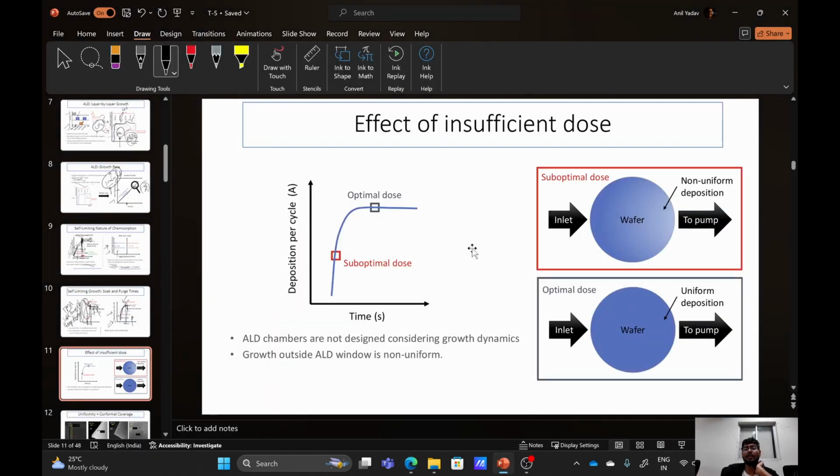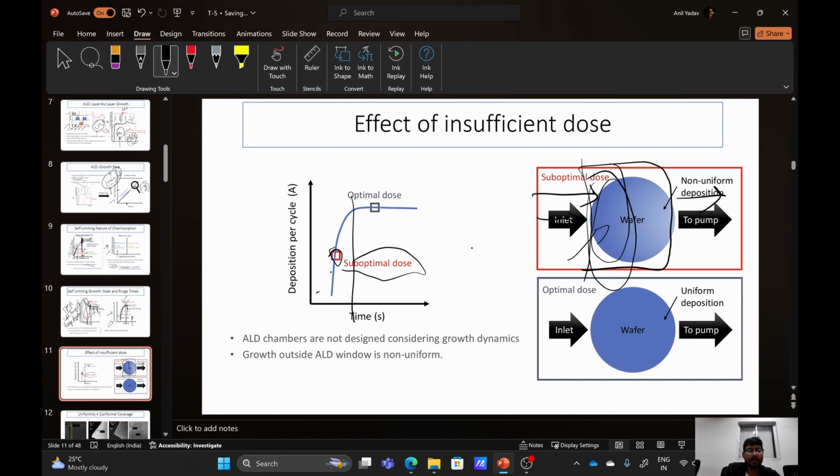Okay, effect of insufficient doses. If you are in this regime of the soak time, there is a suboptimal growth. Let us say this is the chamber, and inside that there is a wafer. This is the inlet of the precursor, and this is the outlet. The availability of the precursor at this point will be more than at this point, because the precursor is consumed in this region already.